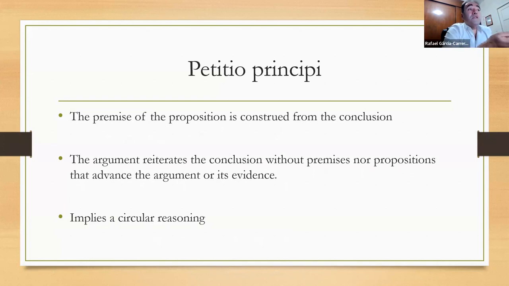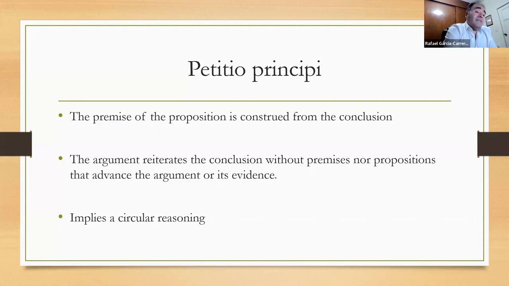There's also petitio principii. That means that you are going to build the premises of the propositions from the conclusion. And I know that you may think that this is exactly what you are required to do on the Jessup, because once you have your statement of agreed facts or the compromis, you already have the conclusions: well, eight, four from one side and four from the other. And you have to construe from them all the premises.